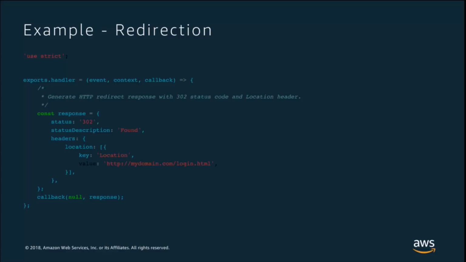So here, your Lambda function is directly creating a response with a status code of 302, which is a redirect to this particular login page. And the Lambda at the edge function would send the response directly back to the viewer. So the logic which would have had to be run in the origin if you didn't have Lambda at the edge can now be offloaded to Lambda.